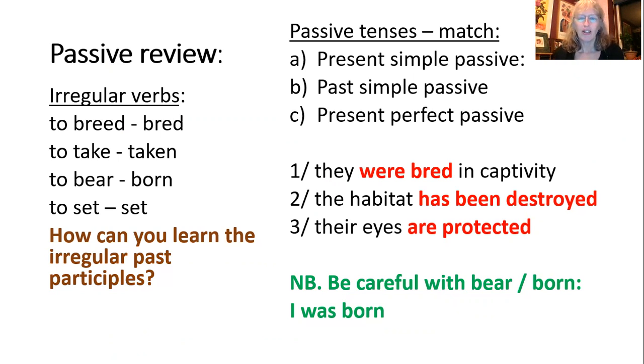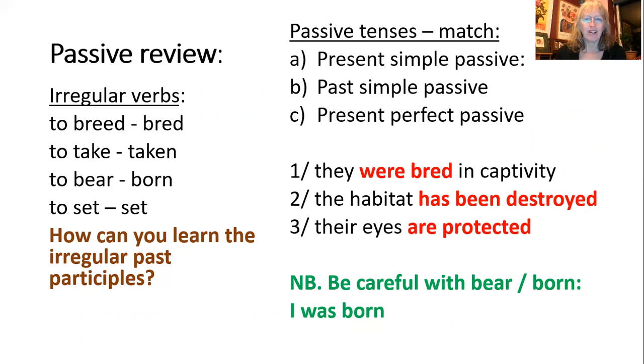Can you match the A, B, C with 1, 2, 3? Pause for 2 minutes and match. Okay. Yes, so A is 3, B is 1, and C is 2.